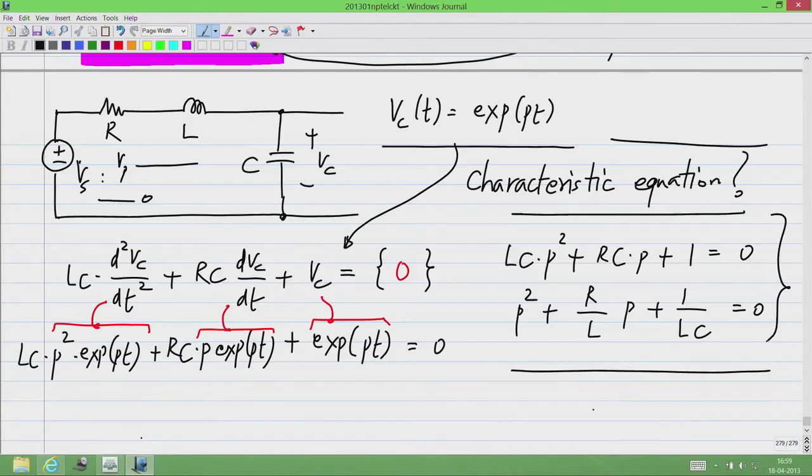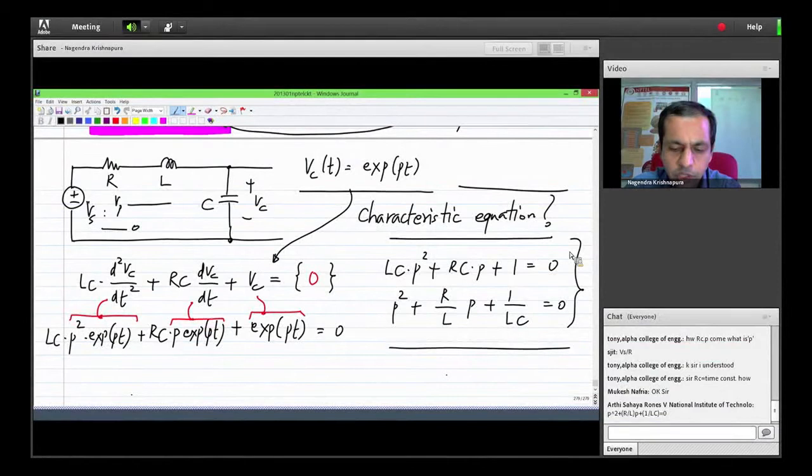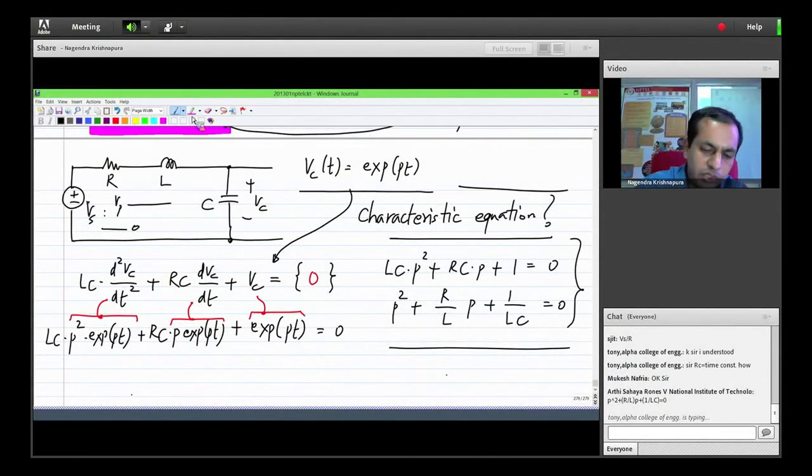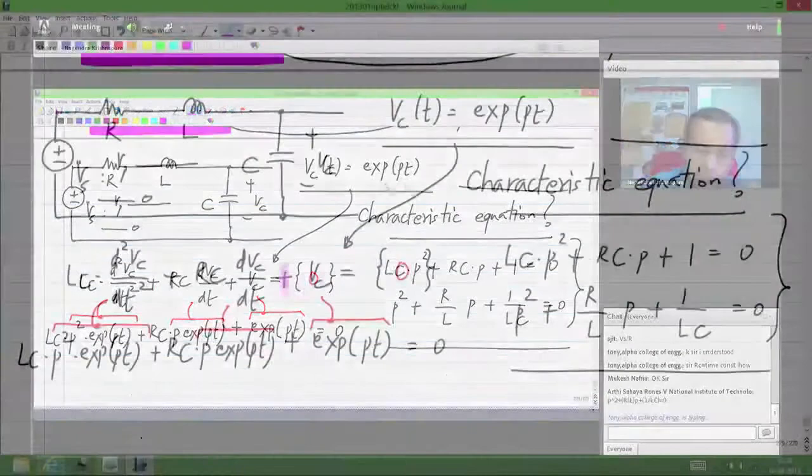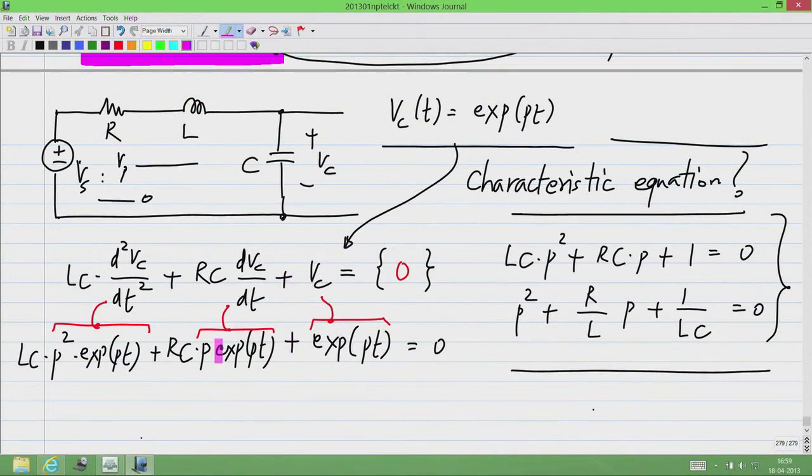This is the characteristic equation. I hope all of you are able to derive this yourselves. All we have to do is to substitute Vc is exponential Pt in this equation. Any questions?